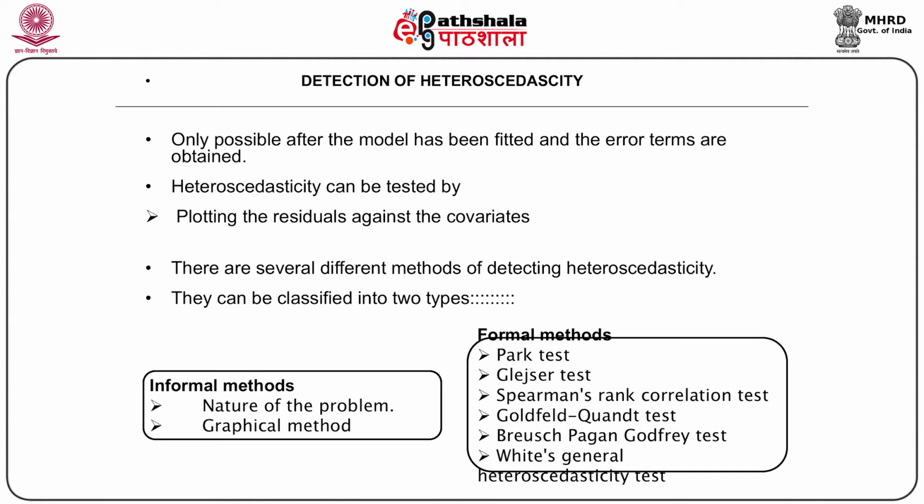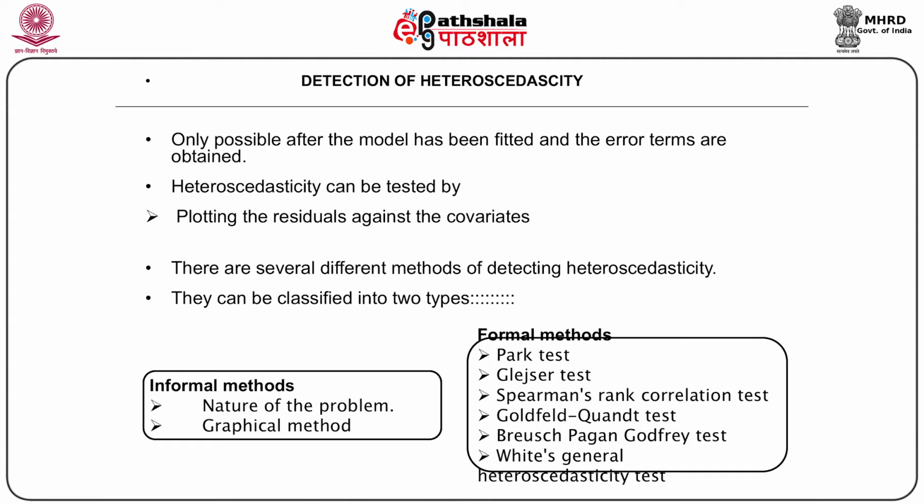Once the error terms have been obtained, heteroscedasticity can be tested by plotting the residuals against the covariates or the explanatory variables. Apart from the above methods, there are several quantitative tests that one can apply to detect heteroscedasticity. In the following slides, we have discussed several such quantitative methods in detail.